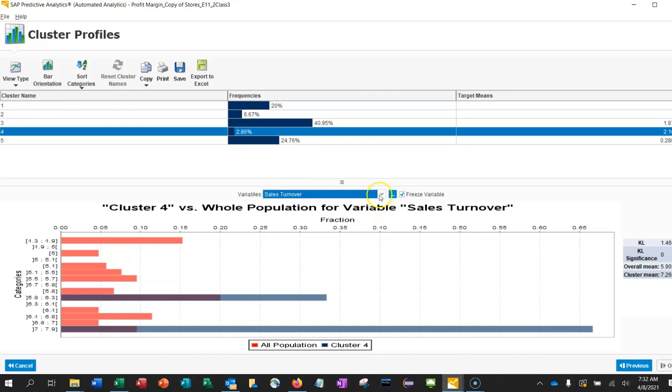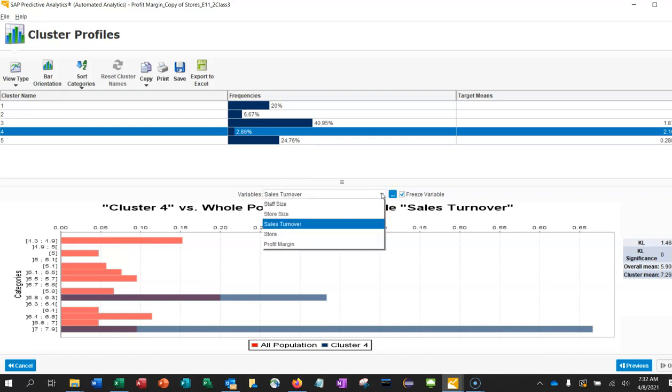And also sales turnover. So profit margin, which is a kind of a percentage, the percentage seems to improve as the number of people employed is higher, the store size is higher, and the store margin is higher. So that is using SAP modeler for a targeted variable.